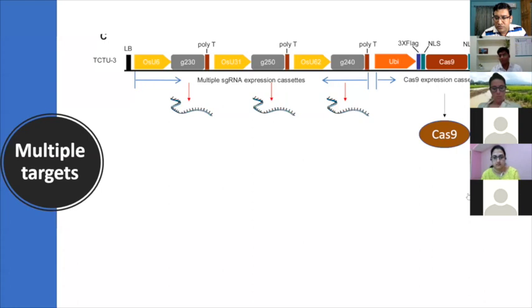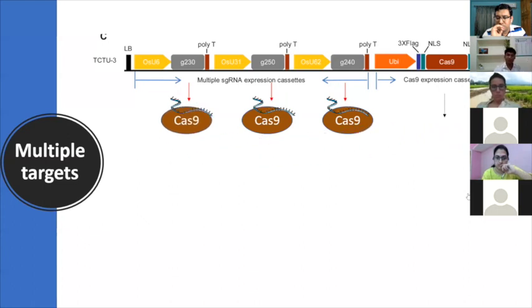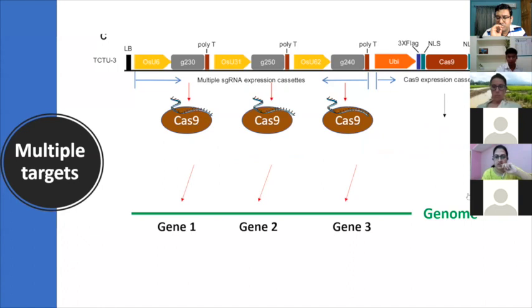I told you that there is a two-component system. One is Cas9, another is the address RNA, that is called guide RNA. So if you design multiple guide RNAs and give them to Cas9, this Cas9 takes one guide RNA, another Cas9 takes another guide RNA, and this Cas9 takes another guide RNA. And these complexes of Cas9 and guide RNA go to their designated targets.